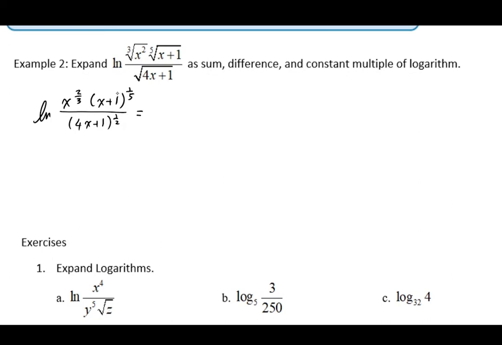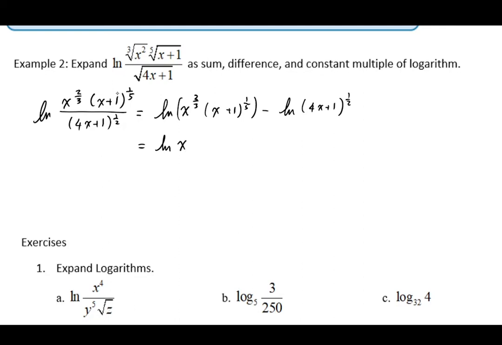Now, first we have a division. So what we have is ln x 2/3 times x plus 1 to the 1/5 power, and then minus ln 4x plus 1 to the 1/2 power. Okay, then now we have a multiplication, so that becomes an addition.